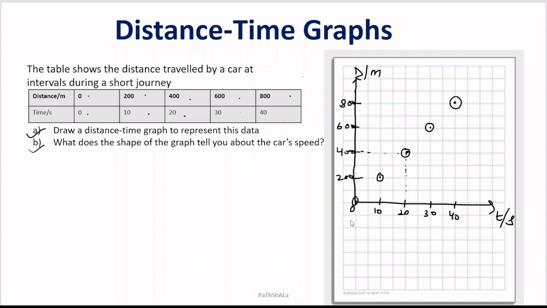Let's join these points. Sorry guys, I'm not using a scale over here, so pardon me for that.